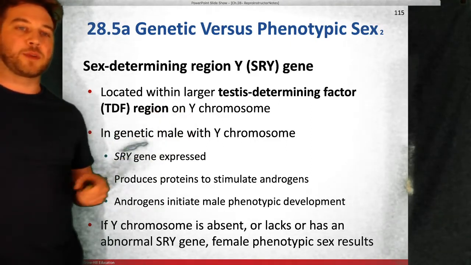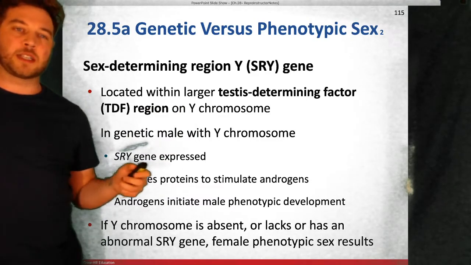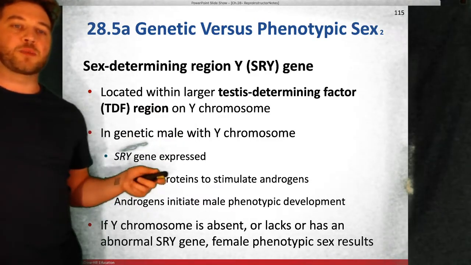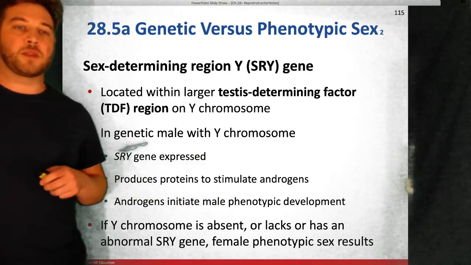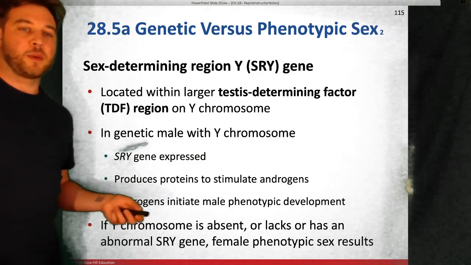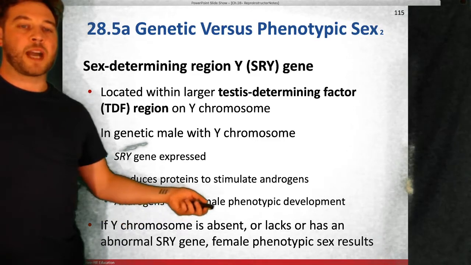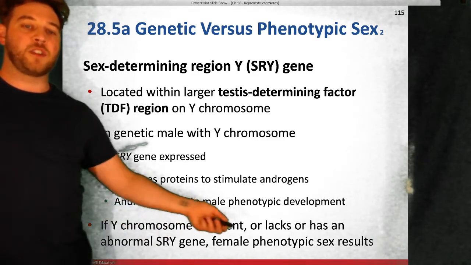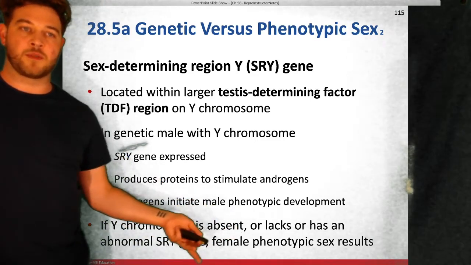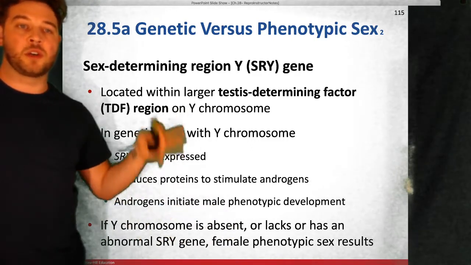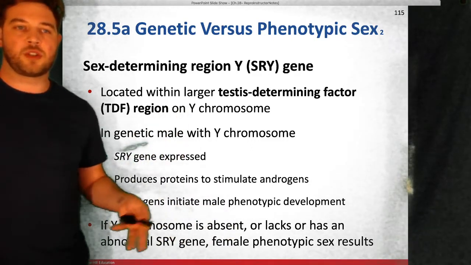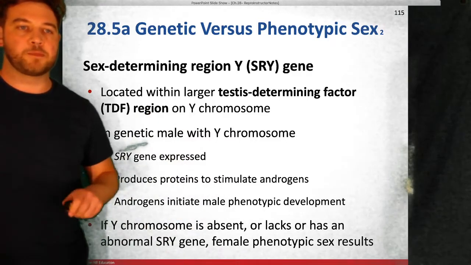In the genetic male with a Y chromosome, the SRY gene is expressed, produces proteins to stimulate androgens, and those initiate male phenotypic development. If the Y chromosome is absent or has an abnormal SRY gene, then phenotypic female sex results will develop. So you can have an XY female depending on the expression of the specific gene.